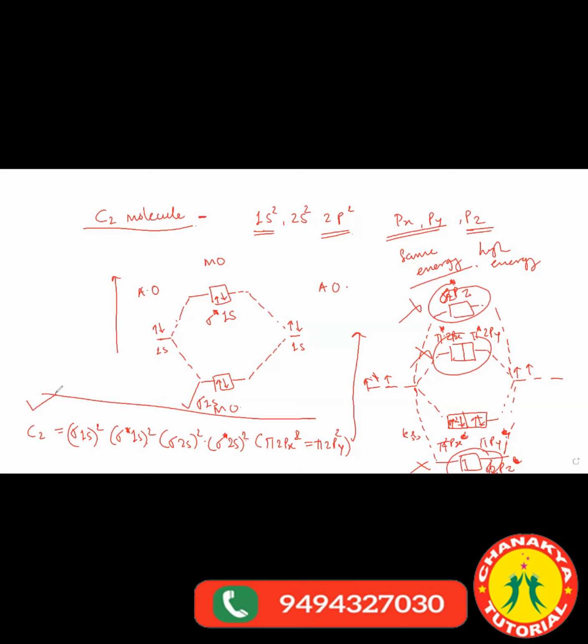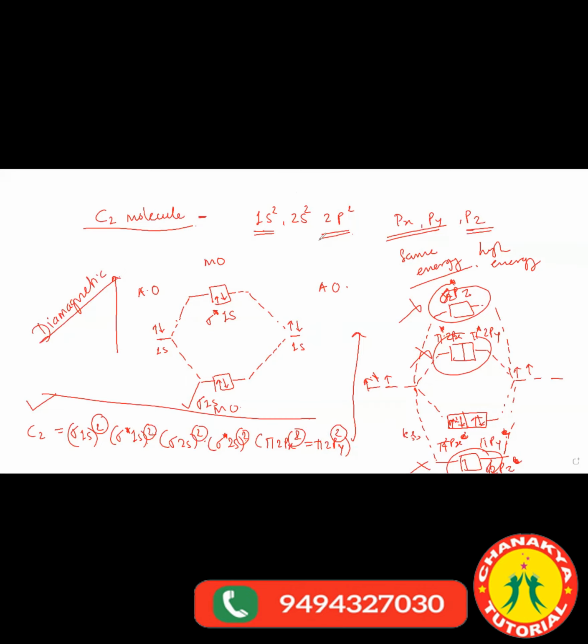And in that, what you come to know is that there won't be any single electron present. Here 2, here 2, here also 2, here also 2, here also 2, and here also 2. As there is no single electron present, it will be diamagnetic in nature. It won't be paramagnetic. Fine.